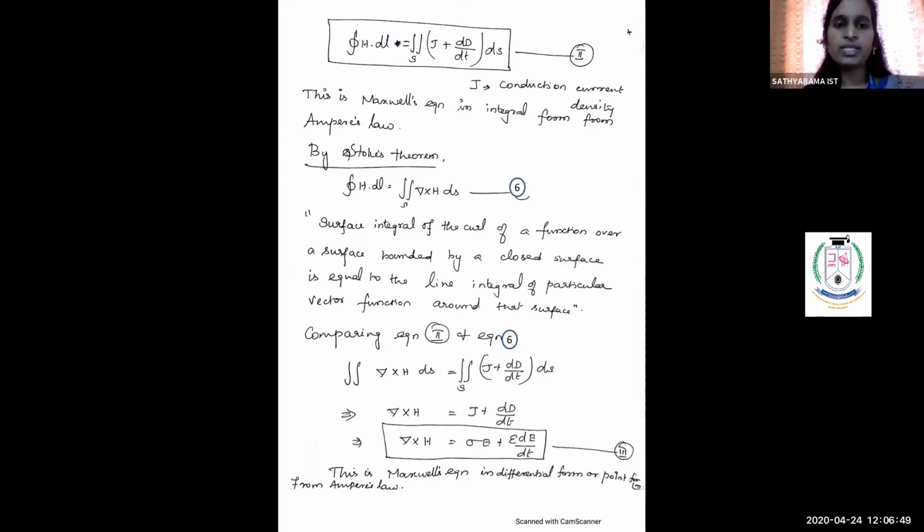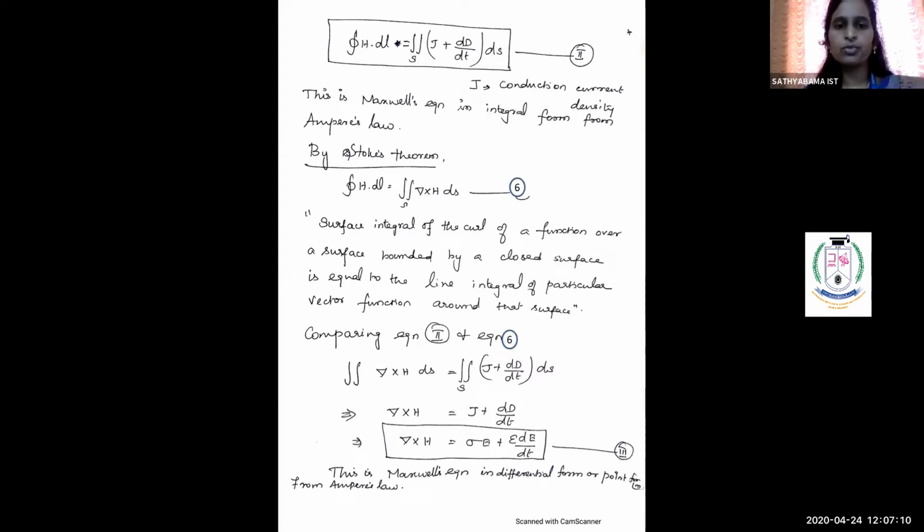And with Stokes' theorem, we are going to derive the differential form of the equation. What is Stokes' theorem? This is also already we have learned in our third unit. That is, line integral H dot dl is equal to surface integral of curl of H into dS. This is our Stokes' theorem.